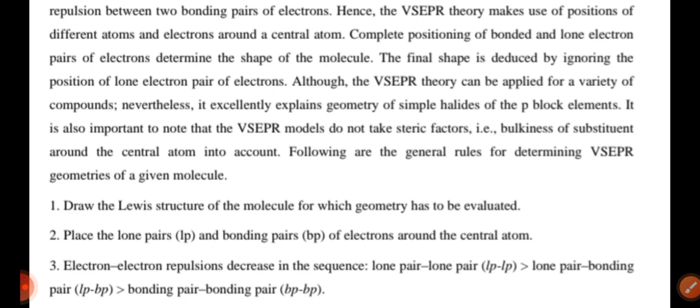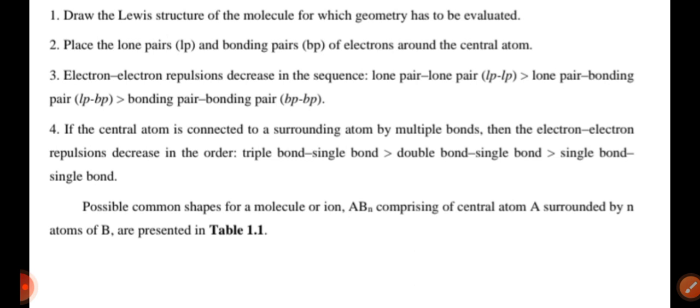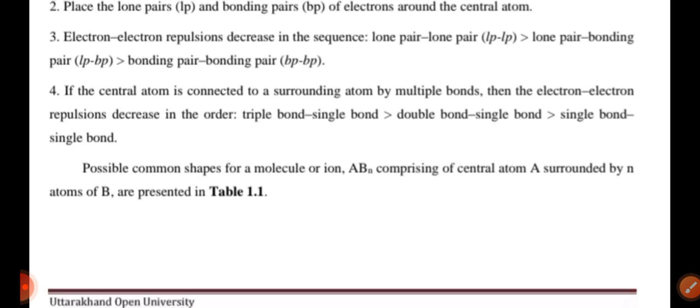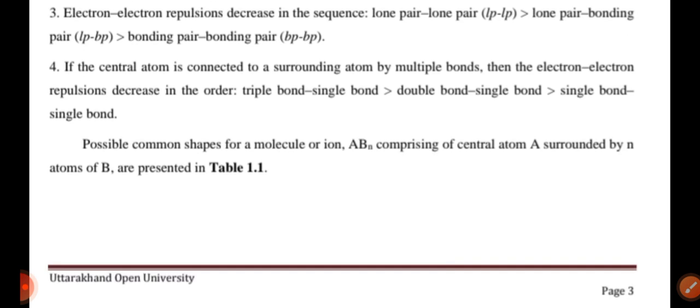Following are the general rules for determining the VSEPR geometry of a given molecule. First, draw the Lewis structure of the molecule for which the geometry has to be evaluated. Second, place the lone pairs and bonding pairs of electrons around the central atom. Third, electron repulsion decreases in the sequence lone pair-lone pair greater than lone pair-bonding pair greater than bonding pair-bonding pair.